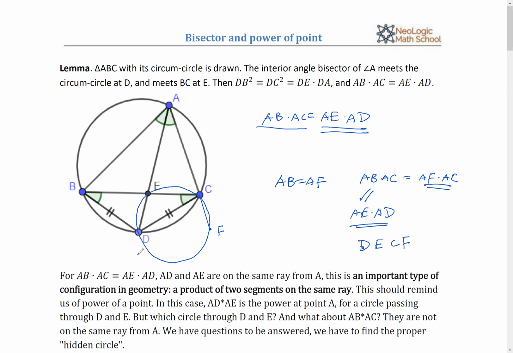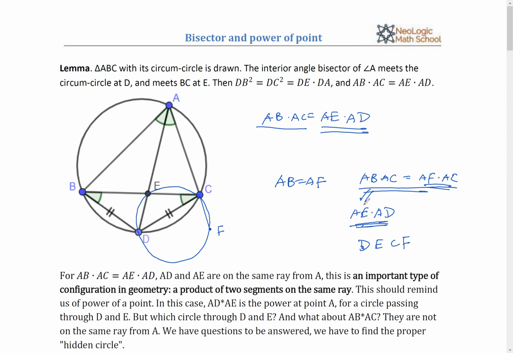All right, it's interesting, no? How would you normally prove a quadrilateral is cyclic, if you don't think about power of a point, if you don't know that we have this behind the scenes?